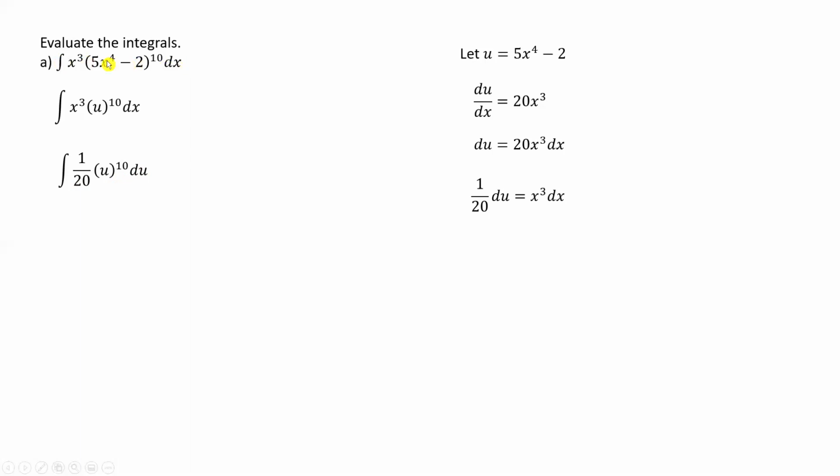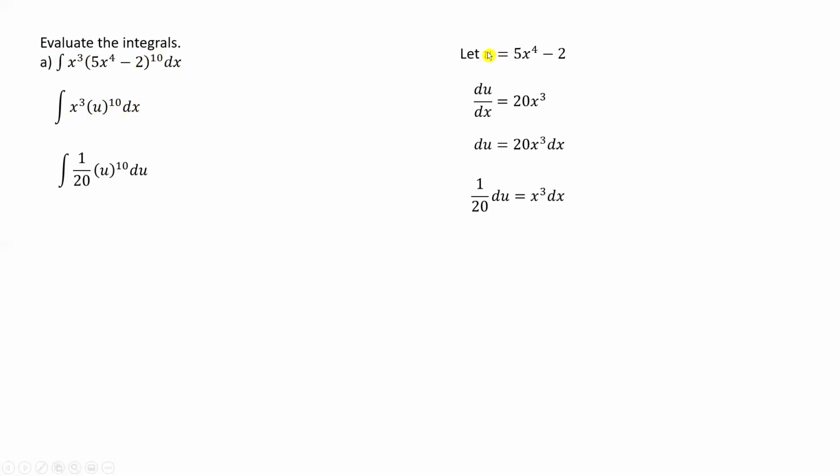Okay, before we do the integral, let's go over this again. Complicated integral. We're reversing the chain rule. The chain rule, when you have an exponent, is done with respect to what's in brackets. That's what you let u equal. So u goes in for what was in brackets. We need to have everything in terms of u, so this x cubed dx needs to get replaced. How to figure out what it equals?